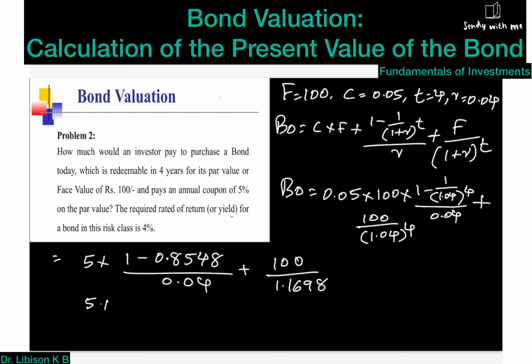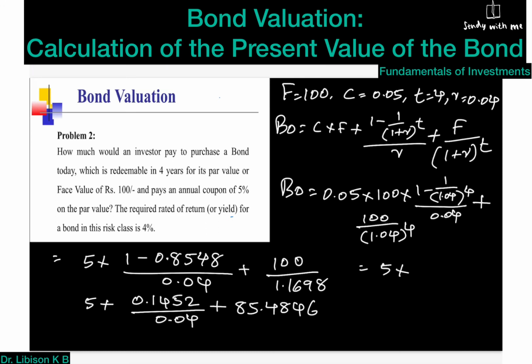So 5 into 0.1452 divided by 0.04 plus 85.4846.